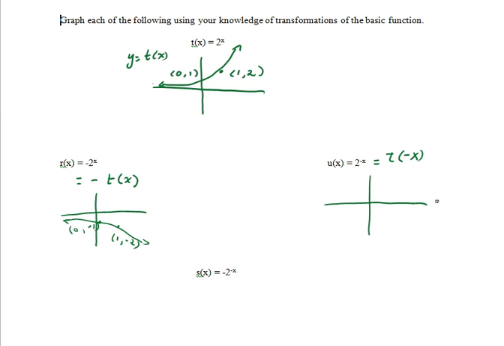This interchanges the graph in the first and second quadrants. 0, 1 is unchanged, but 1, 2 is now negative 1, 2.